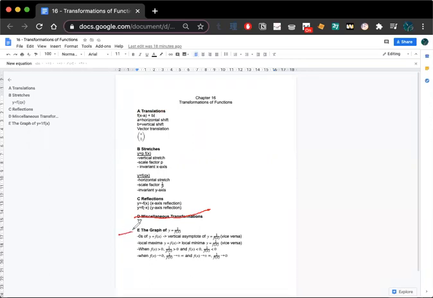And then last but not least, we have the graph of the reciprocal, which is y equals 1 over f(x). So there are some interesting properties that come with this particular reciprocal.